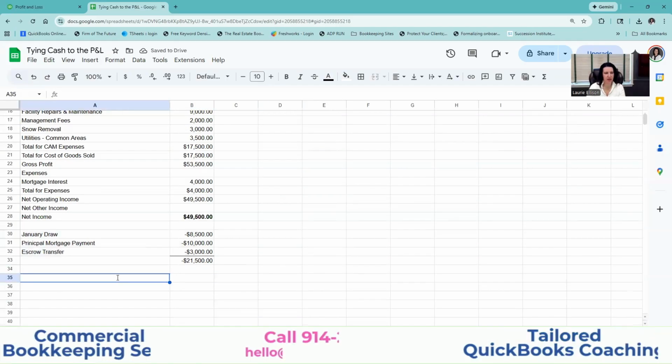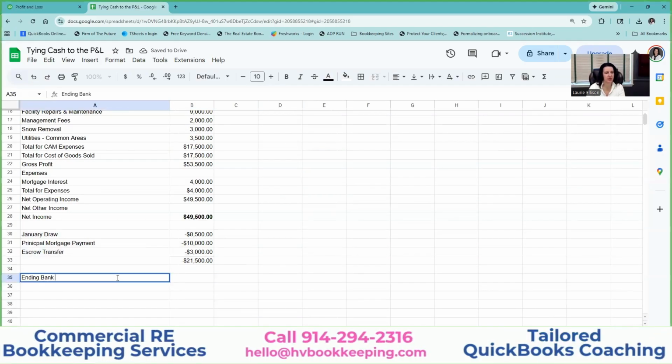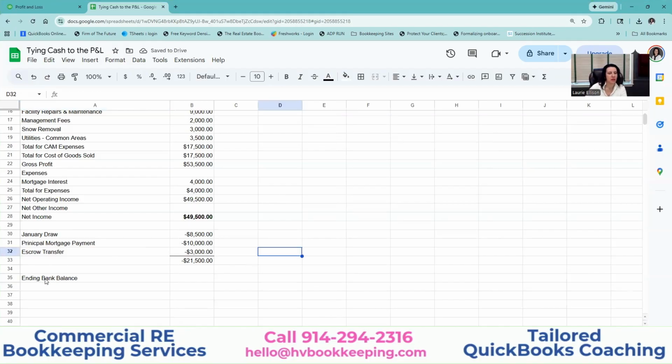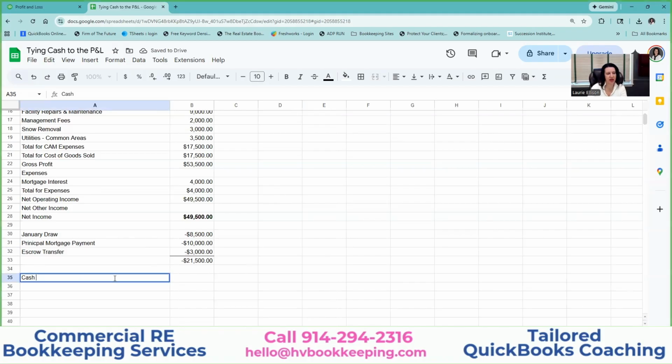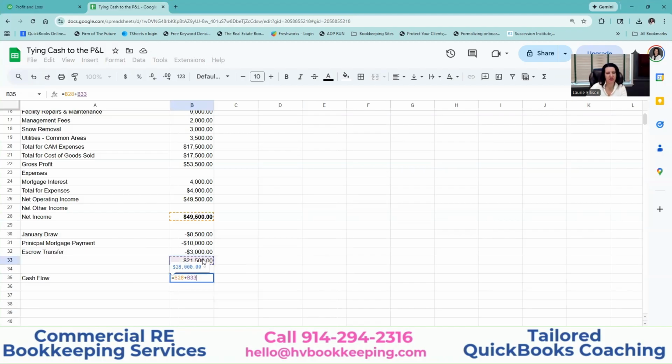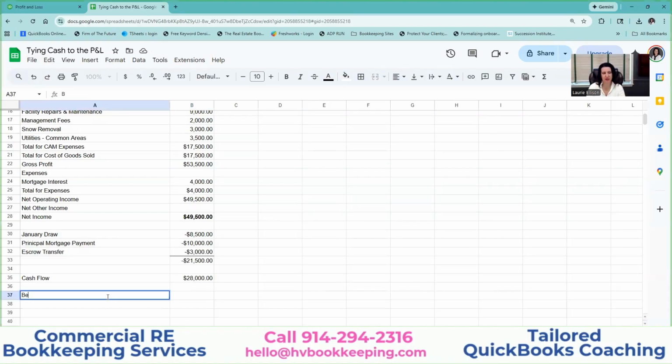And then you would say ending bank balance, except you would have to do something somewhere. Well, let me just do it like this. Okay, so then we have cash flow. We'll type in here cash flow. So we had the 49, take away the 21.5. So that's our cash flow, 28,000. Then you could proof it, because if you have something wrong, you've got to not have that.